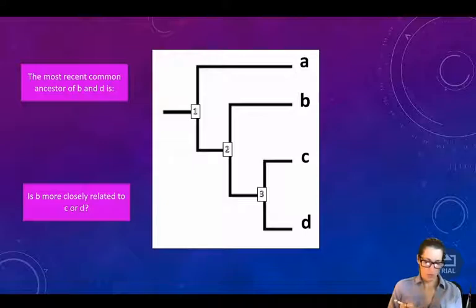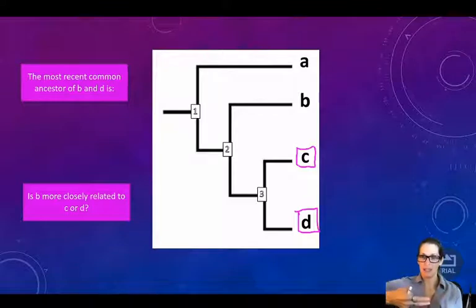So these two, C and D, are branching from the same common ancestor and directly next to each other from this node. So we couldn't rotate this node and change their relationship. These are sister taxa.